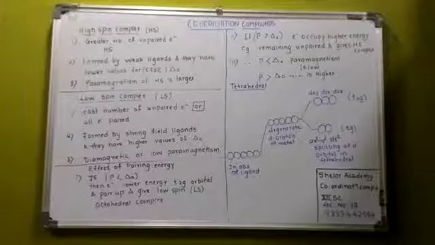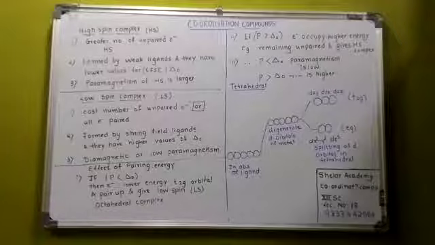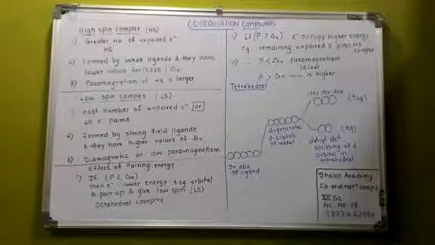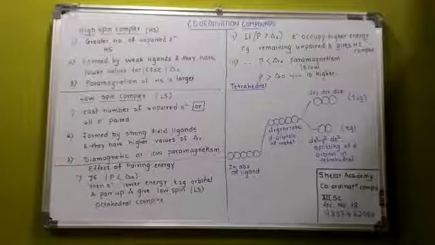Thus, it forms the low spin complex. But if the ligand is weak, the electrons would enter the higher energy t2 orbitals in place of being paired up in the low energy e orbitals, and thus they form the high spin complexes. Okay, that is all about it.